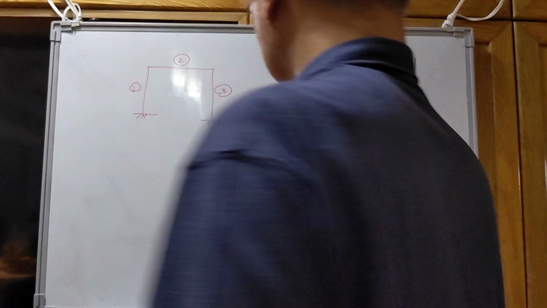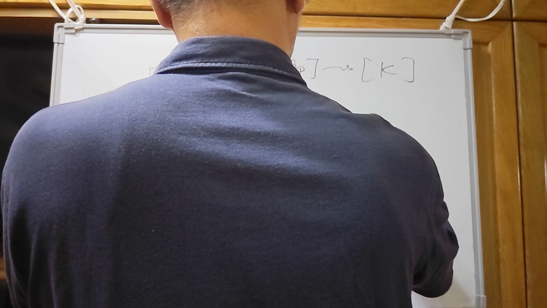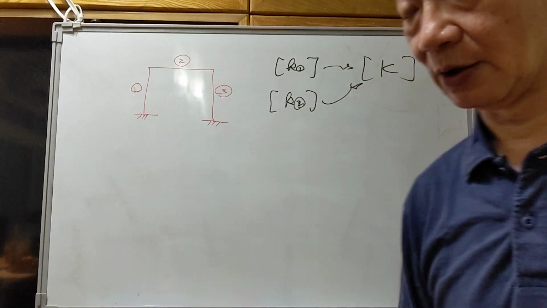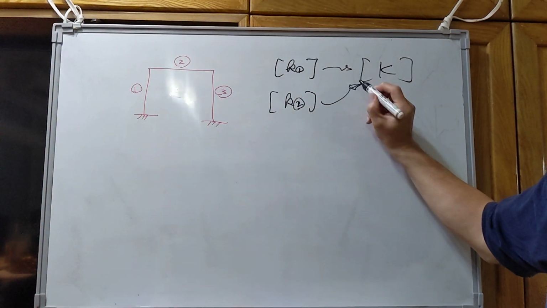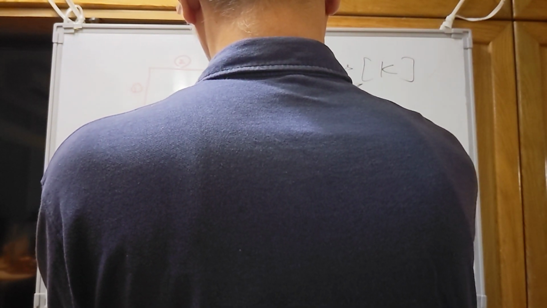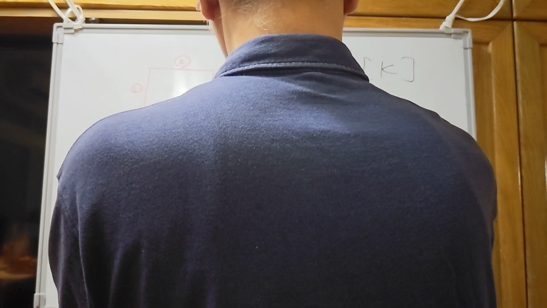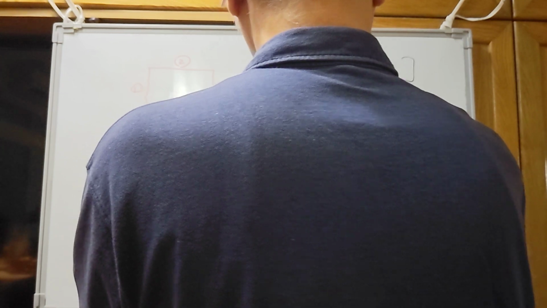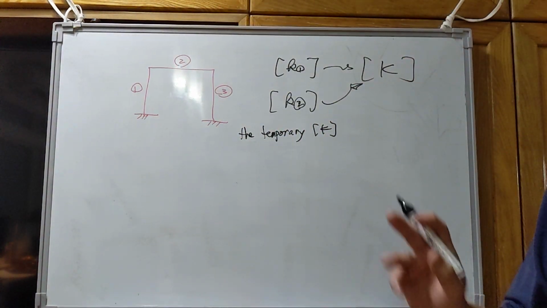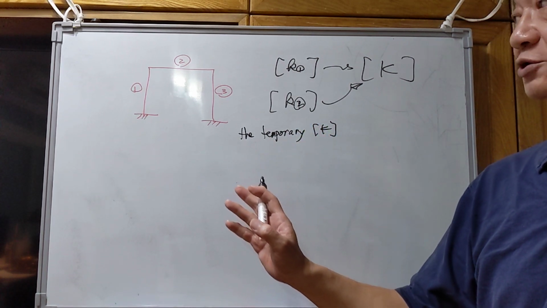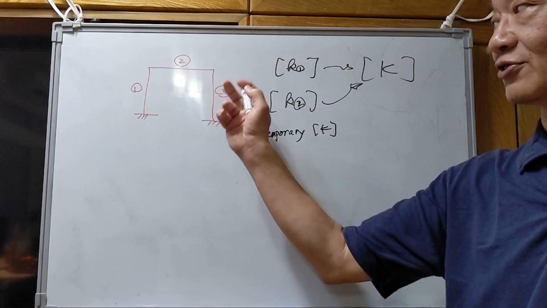But then later we can calculate the element stiffness of element 2 and also assemble it into the global K. I will say it is a temporary global K matrix, since for the complete global K matrix, you need to assemble all these 3 elements.